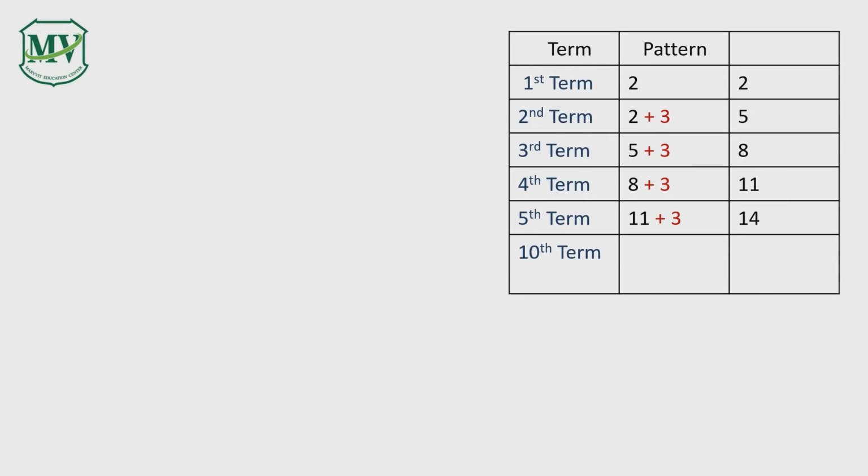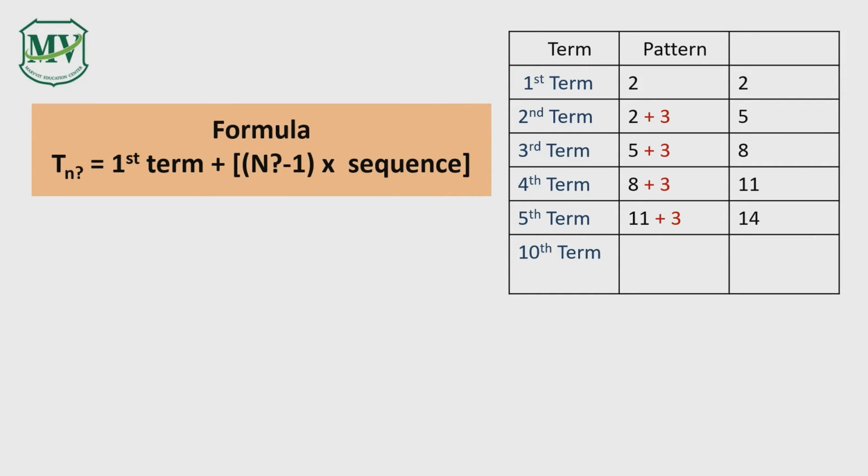Again, we are going to look for the 10th term of this pattern. We notice that the rule in this pattern, we add 3 going to the next number. It's increasing by 3. Using a formula, we can solve for the missing term of this pattern. So let's substitute n as our missing number.